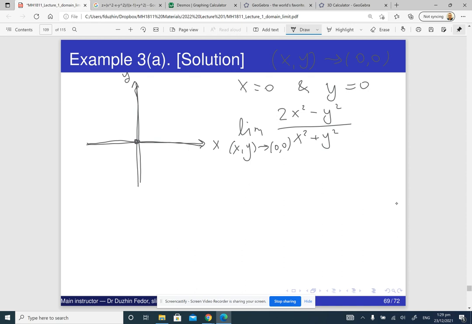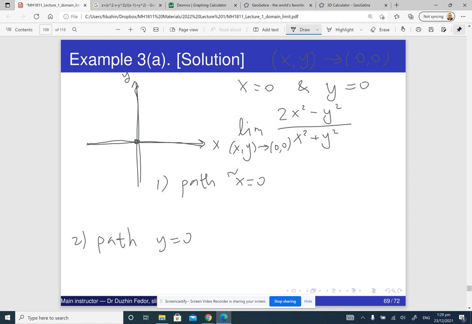First, along the path x equals 0, and second, along the path y equals 0.